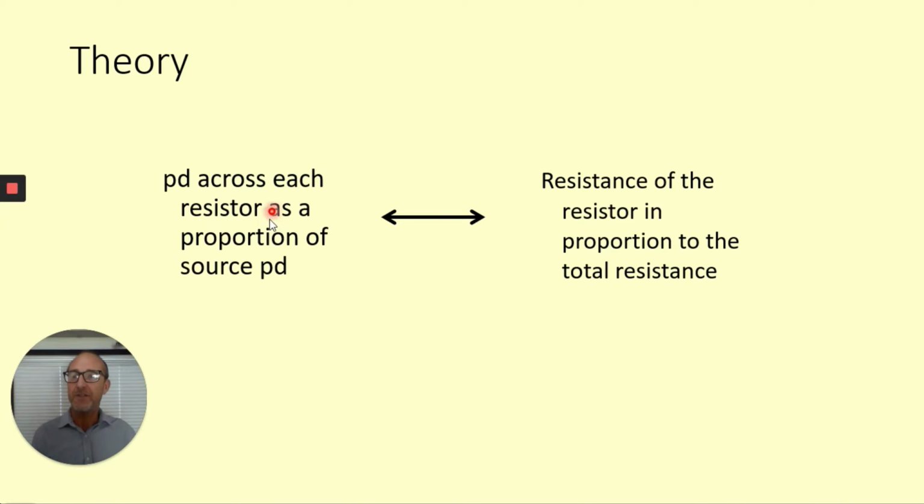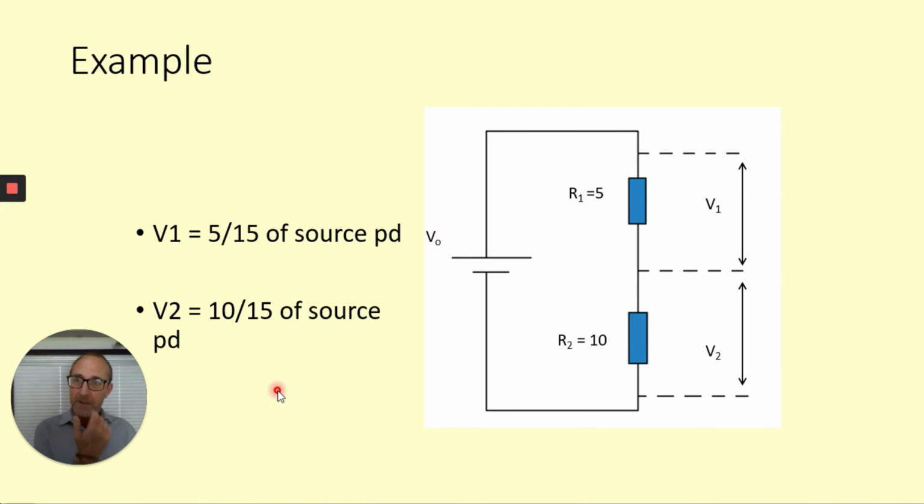So the potential difference across each resistor is a proportion of the source PD, and the resistance of that is a proportion of the total resistance. So they're interchangeable with those two. So an example here would be V1 now is the source PD, VO, it's 5/15ths of the source PD would be across there, or 10/15ths of the source PD would be across here.